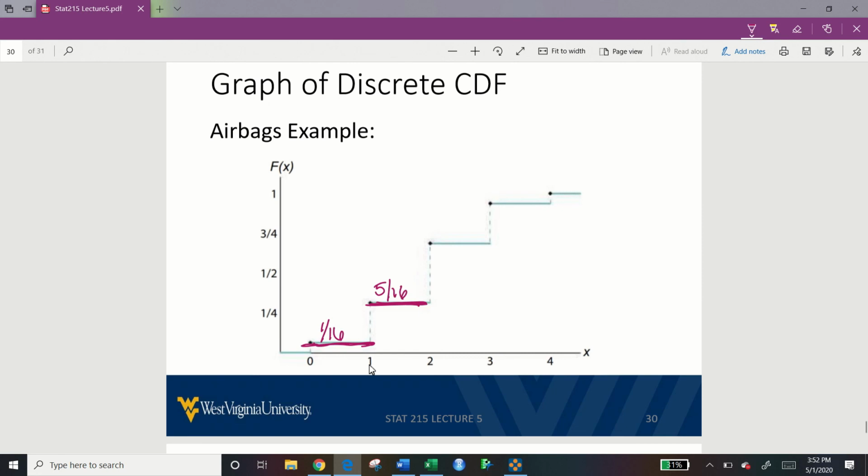Once we hit the next value, we jump up to 11/16. Jump again, 15/16, and then finally we are at 1. For our cumulative distribution functions, we should start at 0, end at 1.